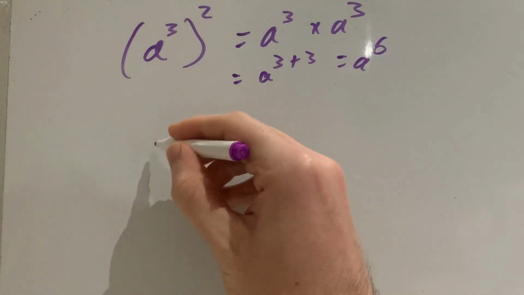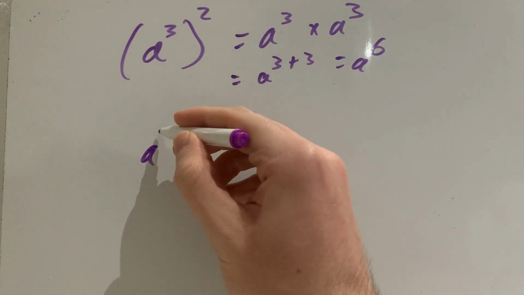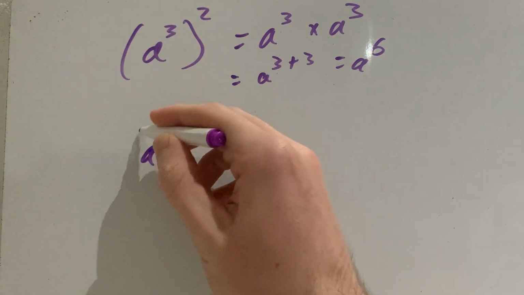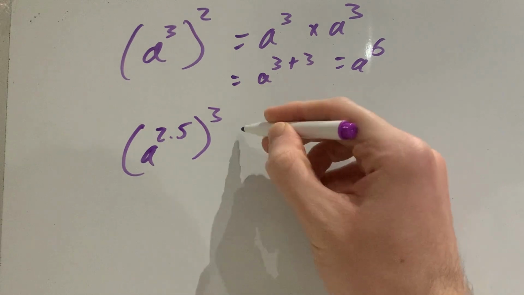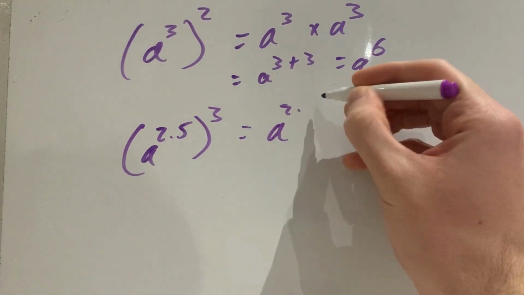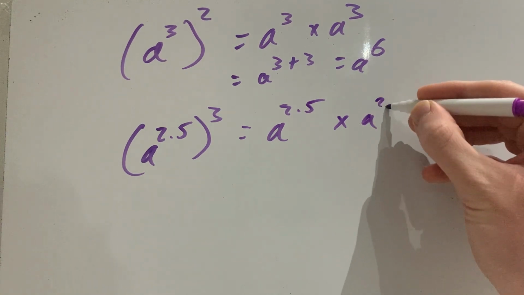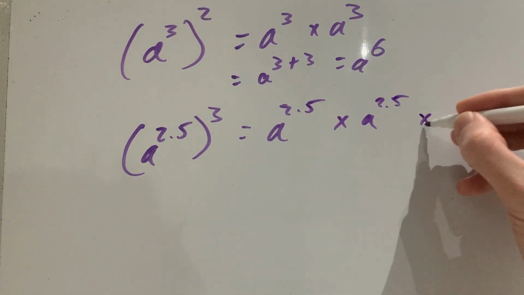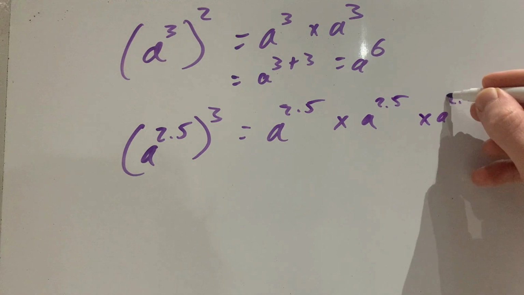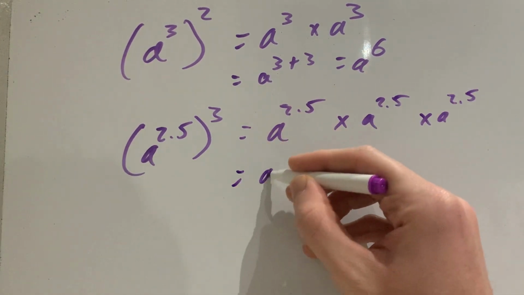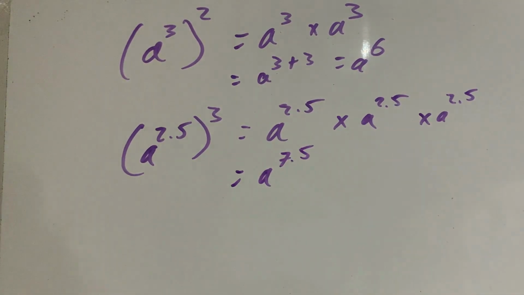Okay, and it's the same. Imagine if we wanted to do a to the 2.5 and then to the power of 3. We would do the same thing. We'd have a to the 2.5 times a to the 2.5 times another a to the 2.5, and then adding those up, we're going to get a to the 7.5.